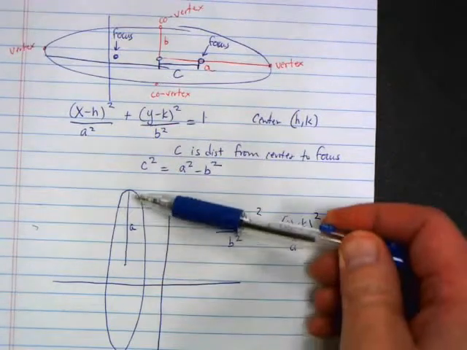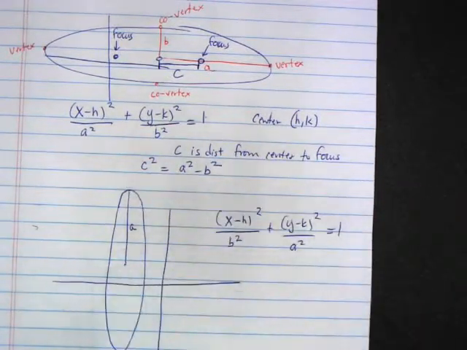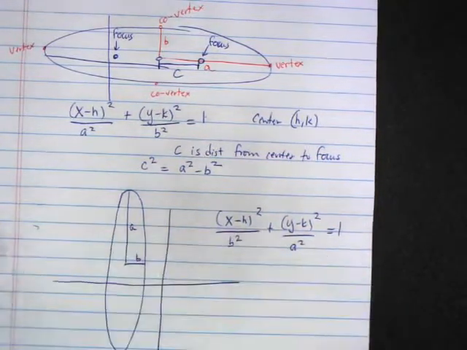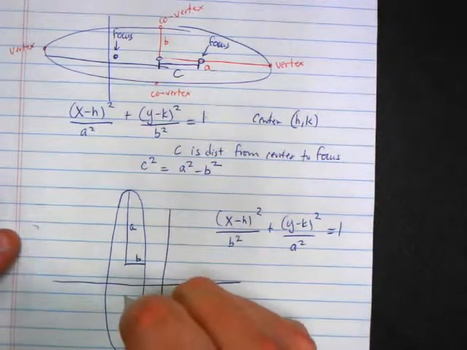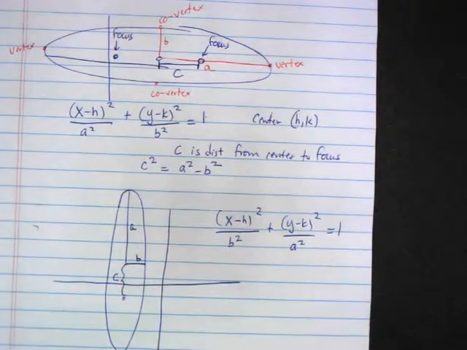So when you go up and down, your major axis is now this direction, and your minor axis would be that direction. B is still the distance from the center to a covertex, and C is still the distance from the center to one of the two foci. Questions on that?